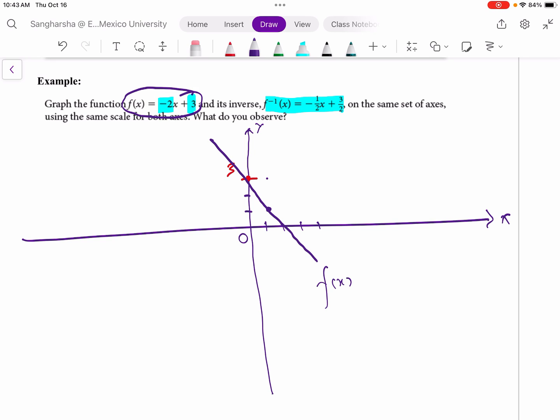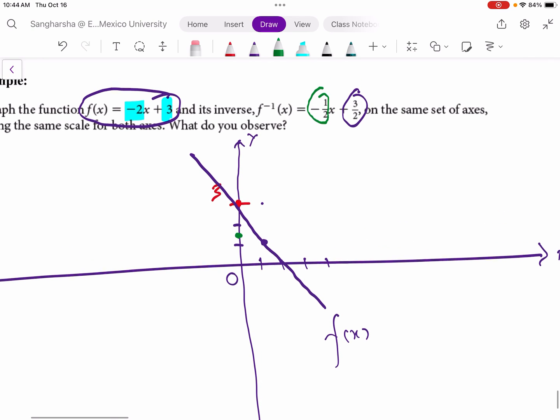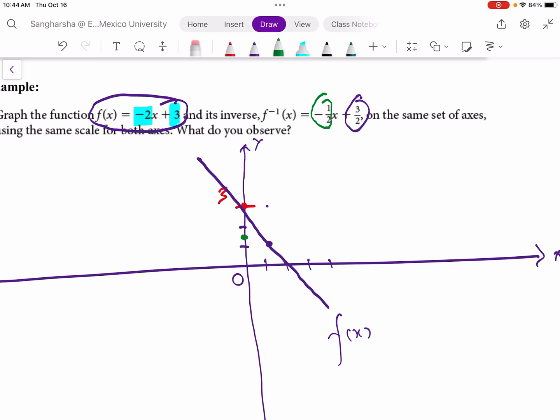Now let's graph f inverse of x. Our x-intercept is 3 over 2, which is 1.5, right? So 1.5 is here. So this is our y-intercept. What is the slope? Slope is negative 1/2. Now what does it mean? How do we find a second point?